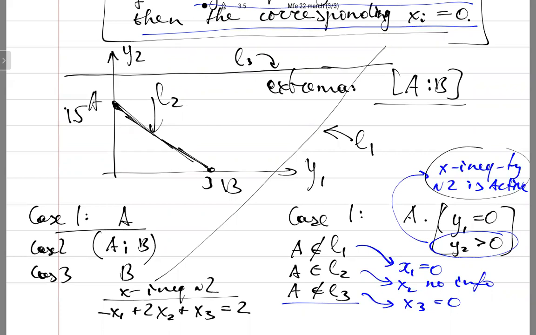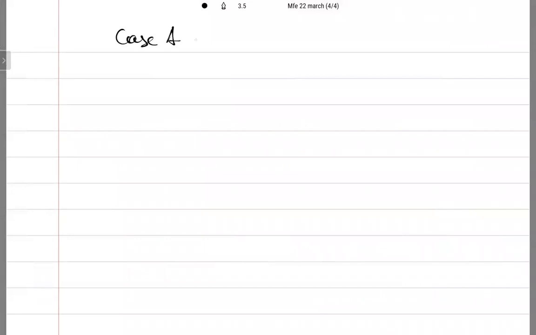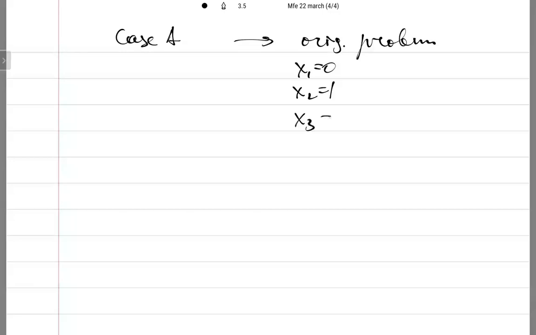I plug in 0 and 0: minus 0 plus 2x2 plus 0 equals 2, so x2 is 1. I have solved case A. Let's move on. Case A, we go back to the original problem: x1 is 0, x2 is 1, x3 is 0.